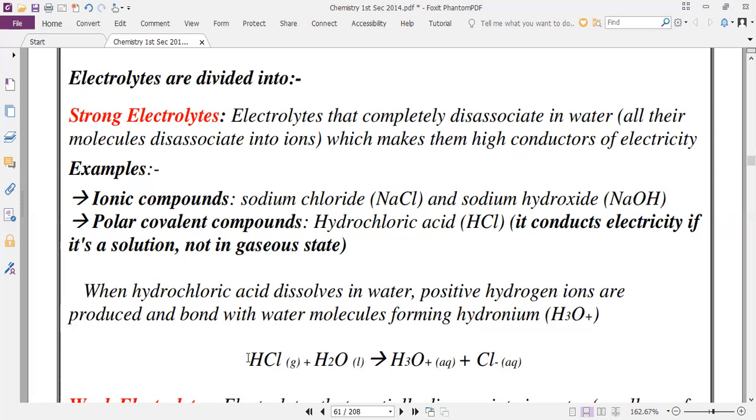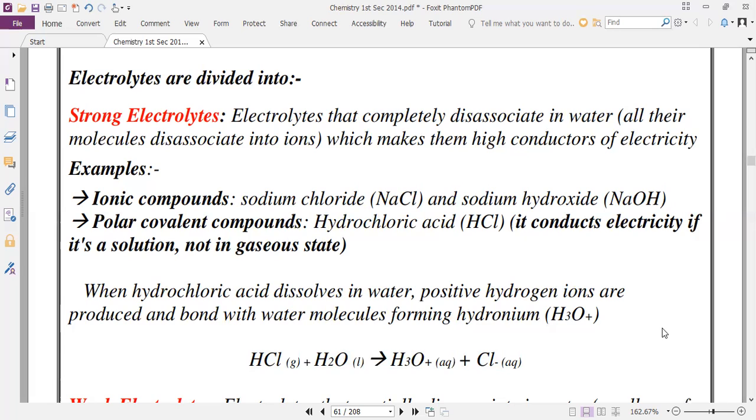The equation: HCl plus H2O produces H3O+ plus Cl-. So it's called a strong electrolyte.